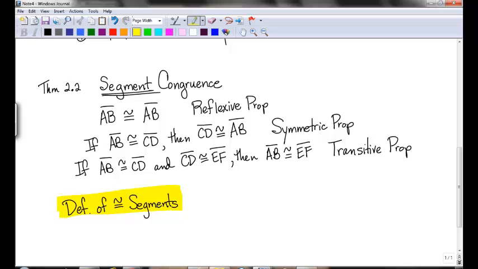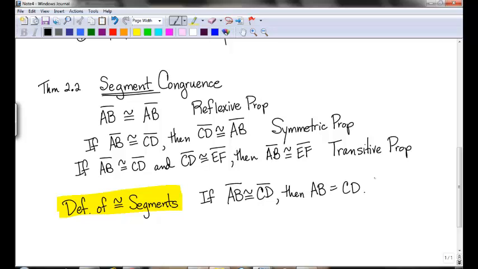And it says if segment AB is congruent to segment CD, you got to have the lines above those because those are segments, then the measure of AB, that's like the length of your line segment, equals the measure of CD.